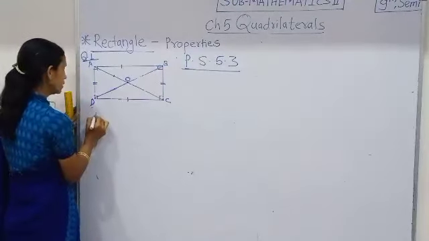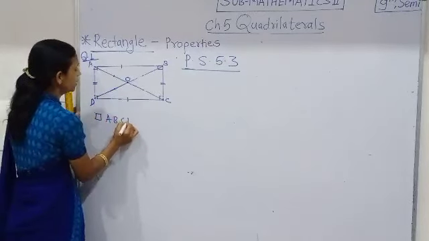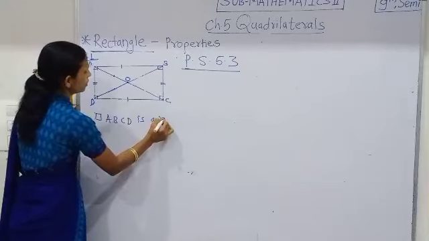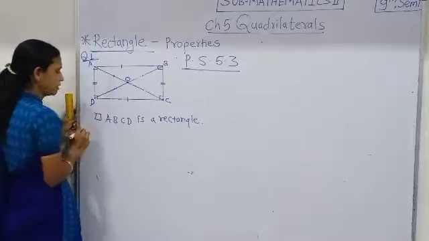In this example, see here, quadrilateral ABCD is a rectangle.